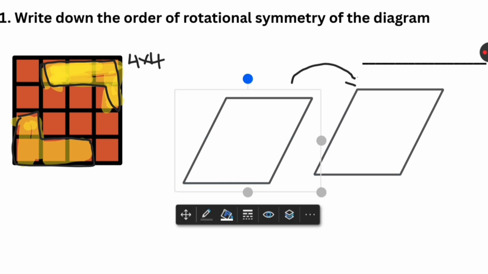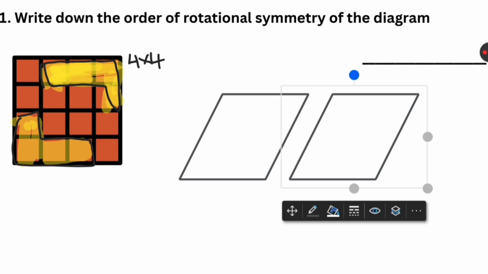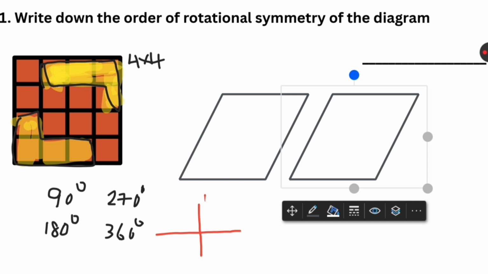Here, first I am going to rotate 90 degrees, then 180 degrees, then 270, then 360. So 4 times I am going to rotate, and observe whether it exactly matches the original shape or not. Suppose this is 0 degrees, then this is 90, then 180, then 270, and then again 360.